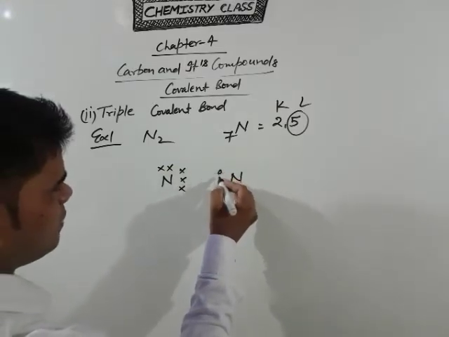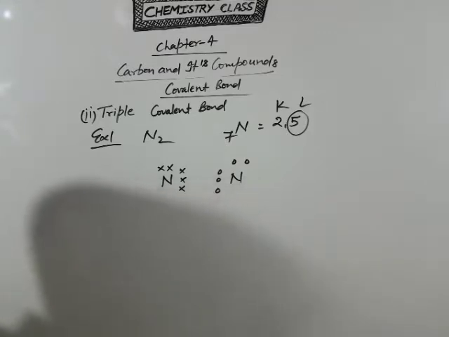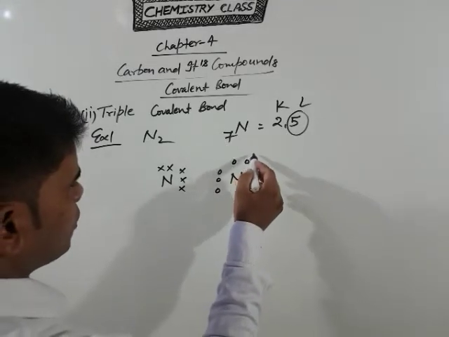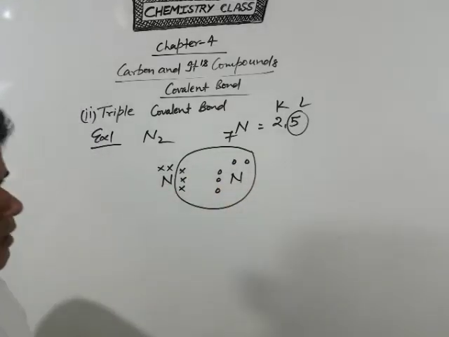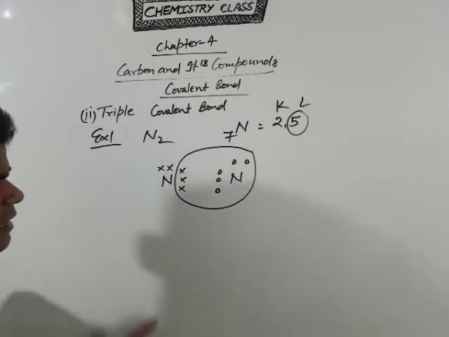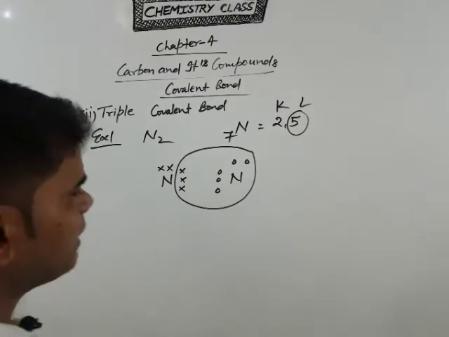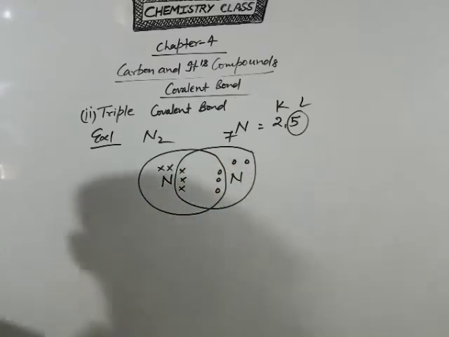Same for the other nitrogen. And follow the octet rule. This nitrogen needs 3 extra electrons, so it takes electrons from the other nitrogen atom. Same for this atom, following the octet rule.